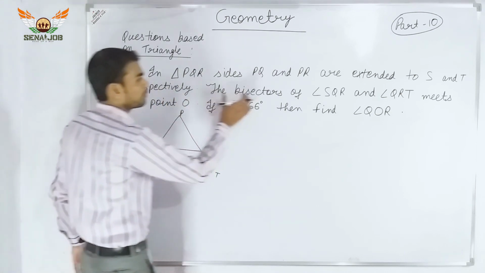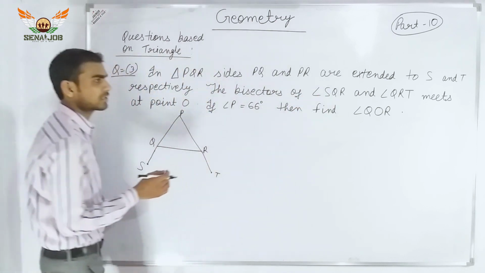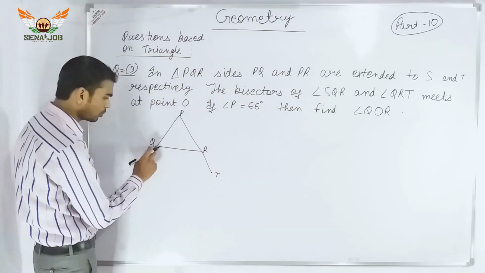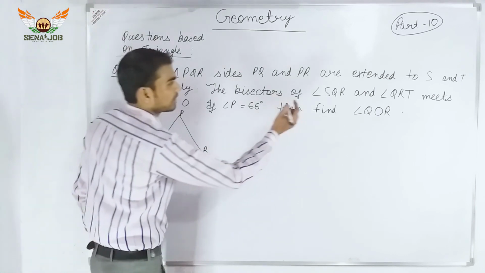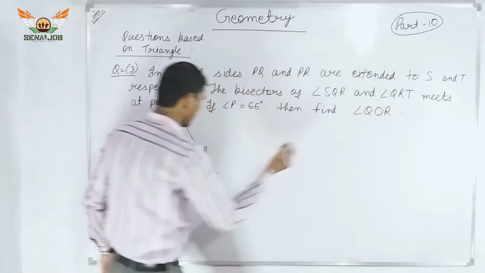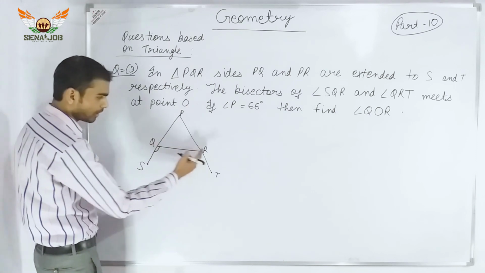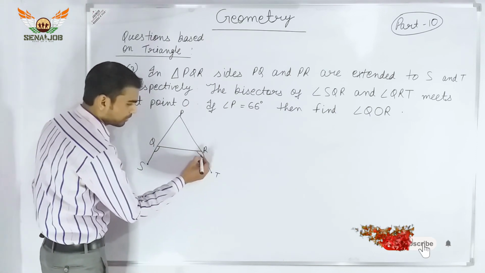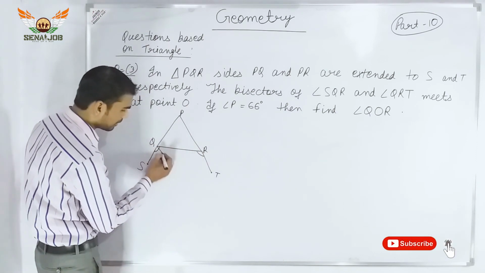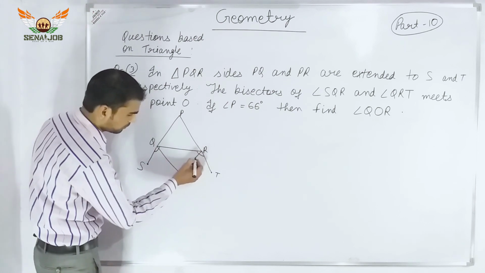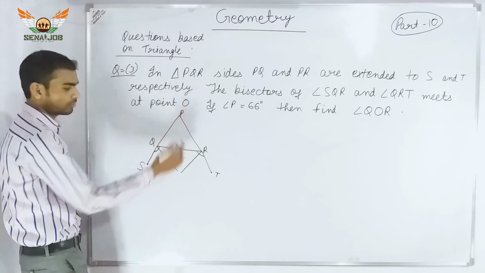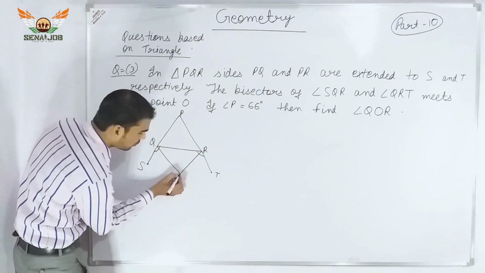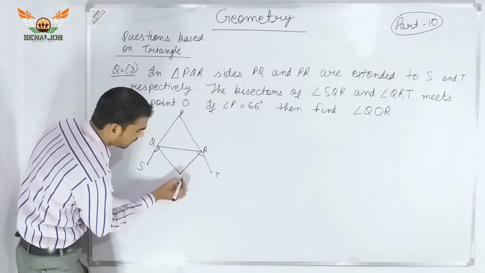Now the bisectors of angle SQR and QRT, so the bisectors of these angles meet at point O. This is O point.